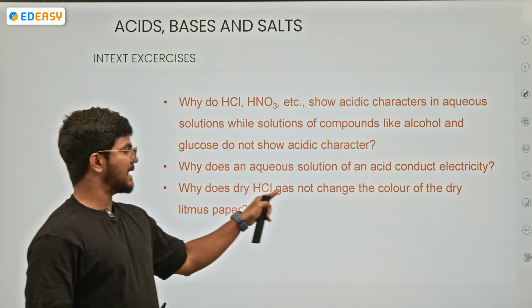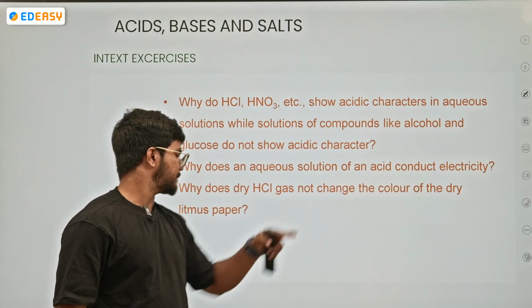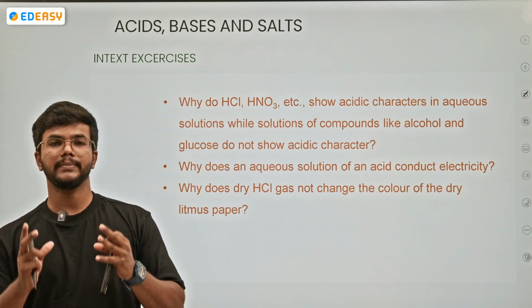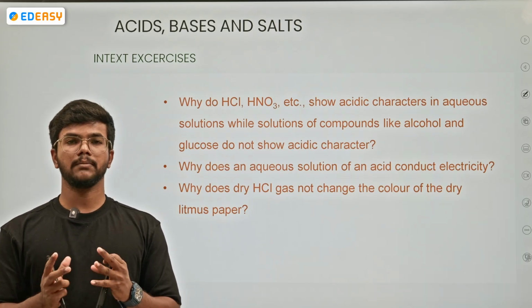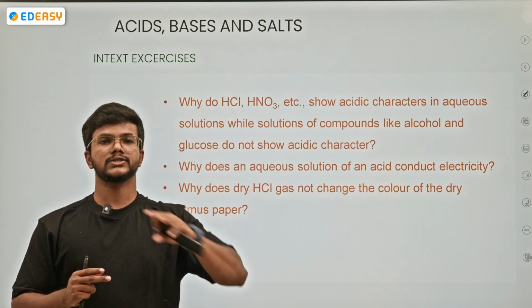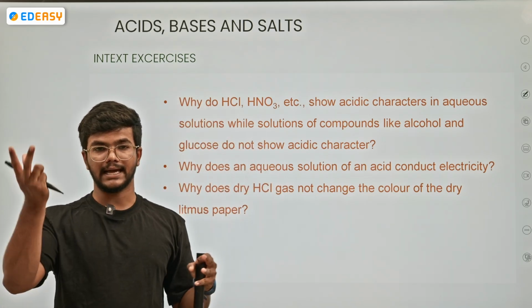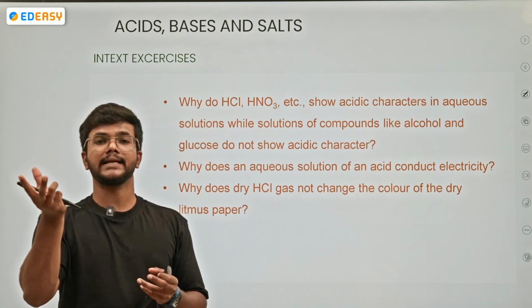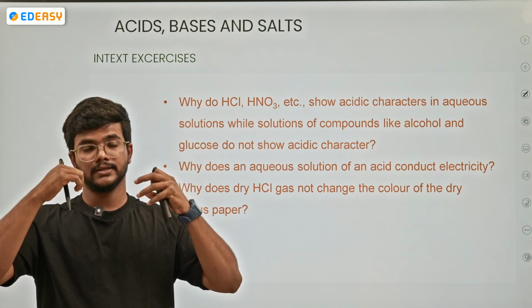Why does dry HCl gas not change the color of dry litmus paper? Because HCl gas can be caught with the help of wet litmus paper; the gas does not react with dry items, whereas you can use wet items to capture it.